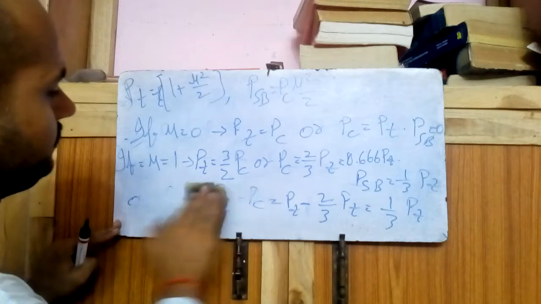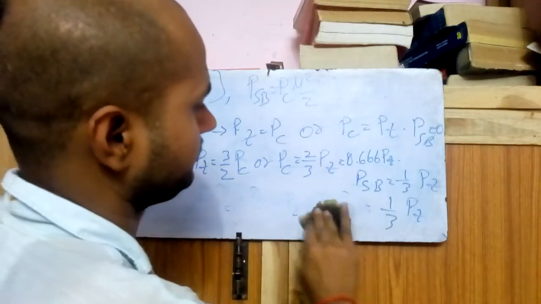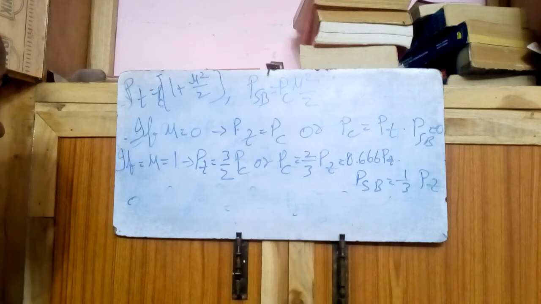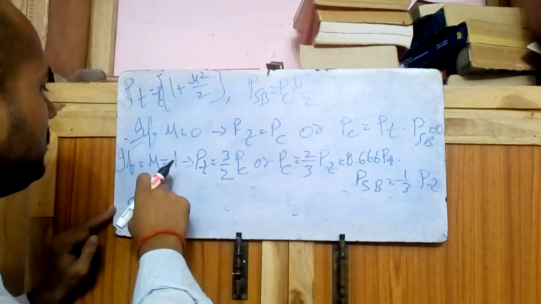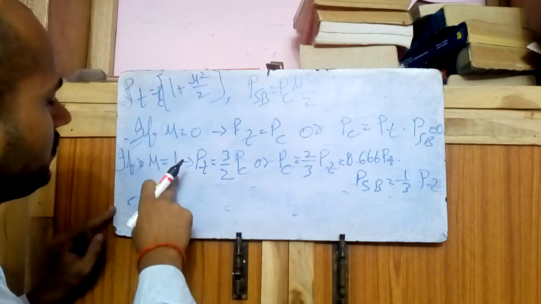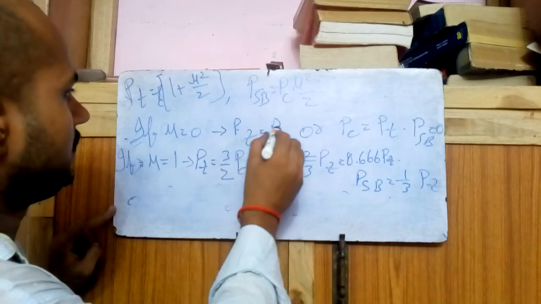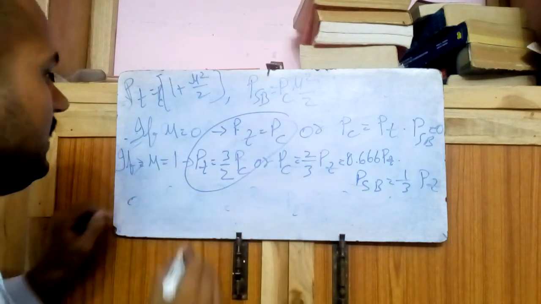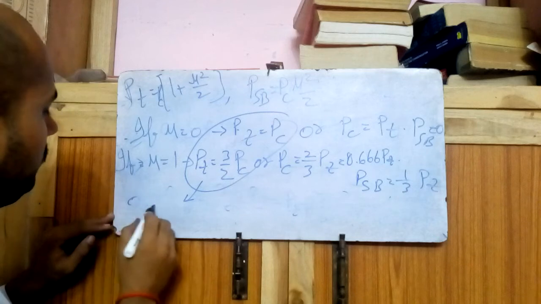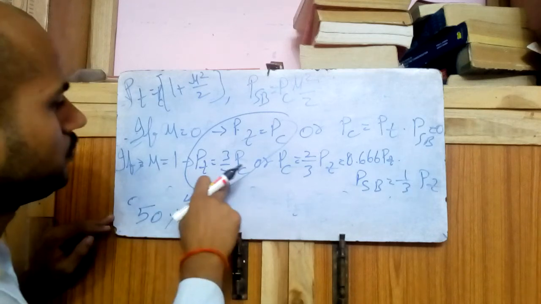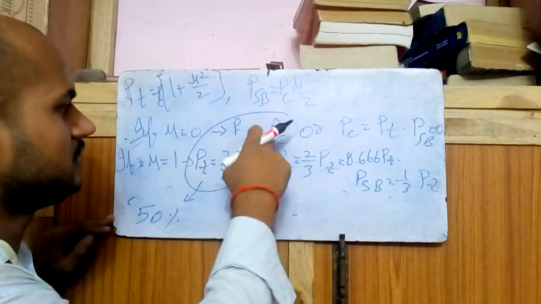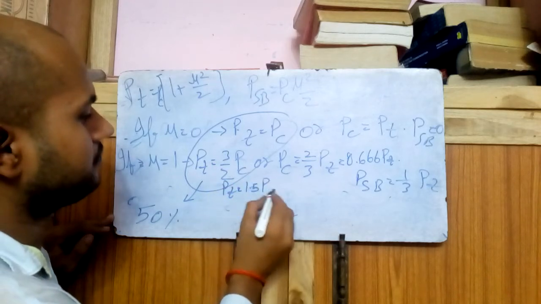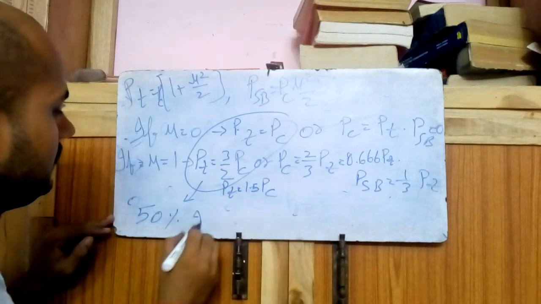So what is the analysis? For mu equal to 0 to mu equal to 1, for 100% modulation, the total power of the amplitude modulated signal will increase by 50%. 3 by 2 means 1.5 Pc. Here Pt is equal to Pc at mu 0, and Pt is equal to 1.5 Pc at mu 1, a 50% increase.